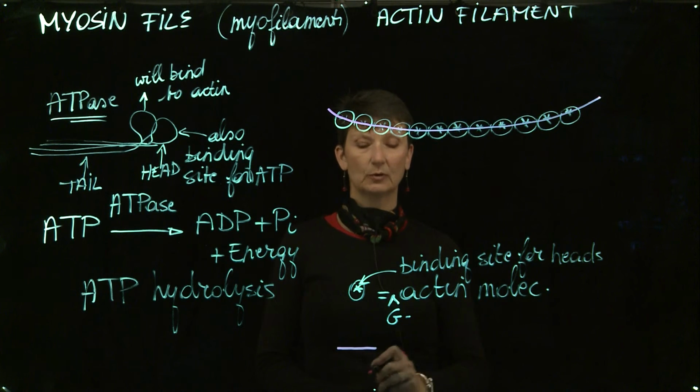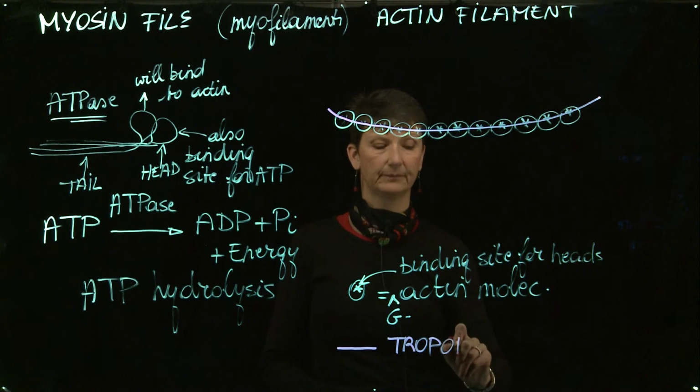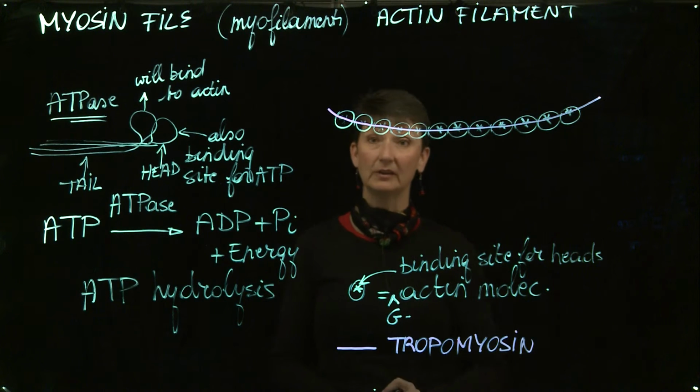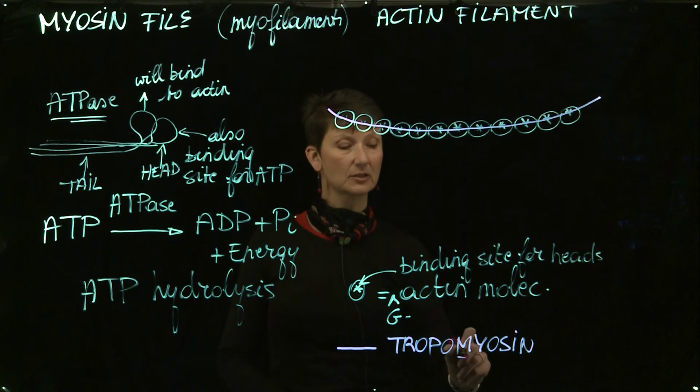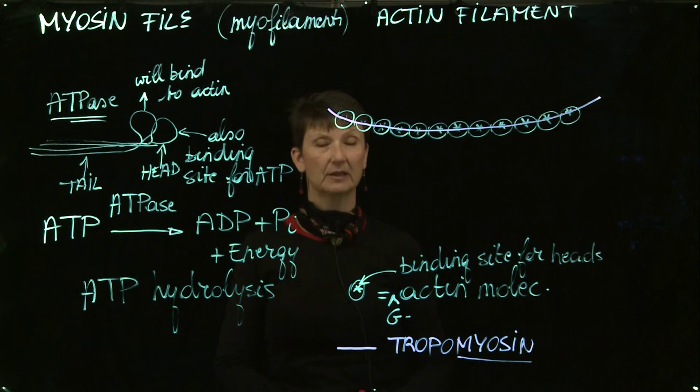And that second protein is called tropomyosin. Now be careful. Here we see a molecule that has the term myosin in it, but it belongs to our thin filament, our actin filament. So be careful.